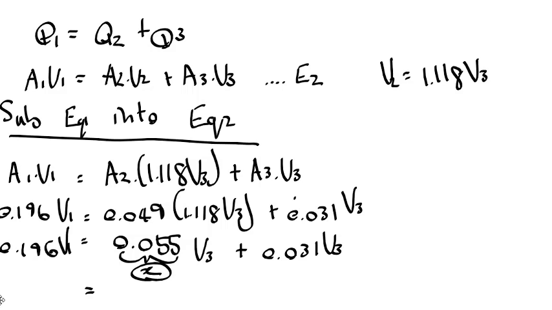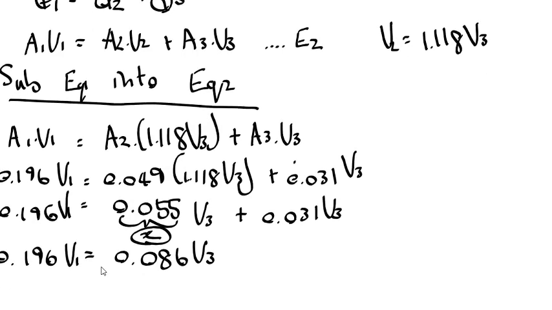Let's store it, shift store in X. So we'll say alpha X, which is the 0.055, plus our 0.031, which is alpha C. Then you should get 0.086 V3, and this side 0.196 V1.